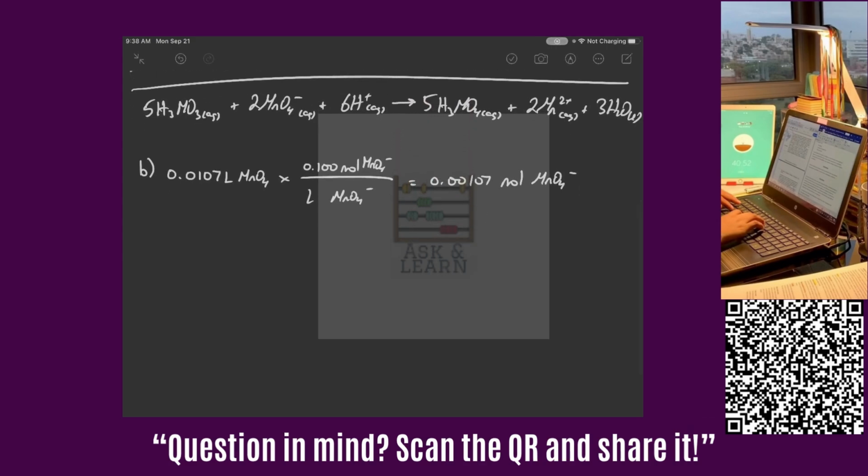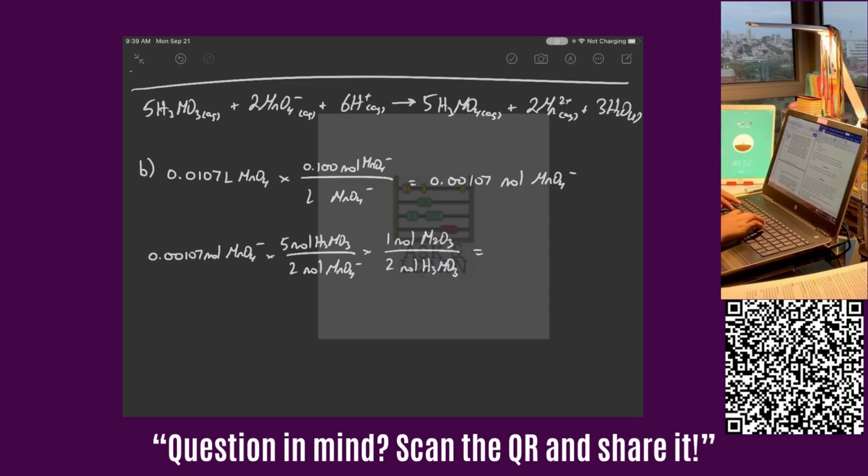Now we can calculate the moles of the oxide, starting from 0.00107 moles of MnO4- times 2 moles of MnO4- to 5 moles of H3MO3, and then the oxide, 2 moles of H3MO3 to 1 mole of M2O3.